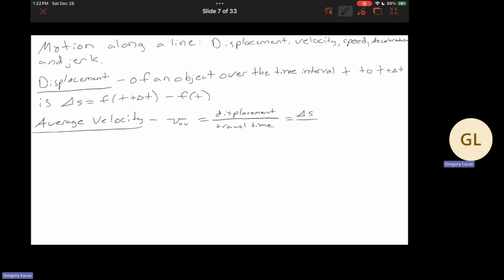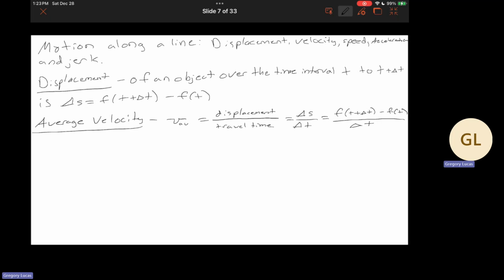So change in s, remember that was from our displacement, over our change in time, which, if we write this out using our other notation, is f of t plus delta t minus f of t, and then divided by change in t, so delta t, which kind of looks like our derivative, right? Instantaneous rate of change, we're going to start seeing some connections.